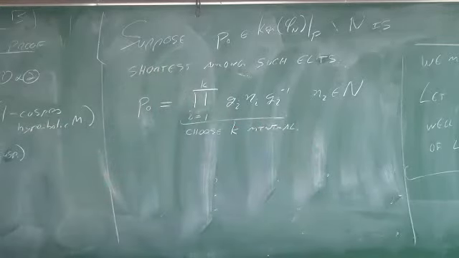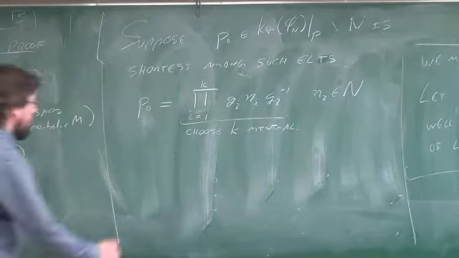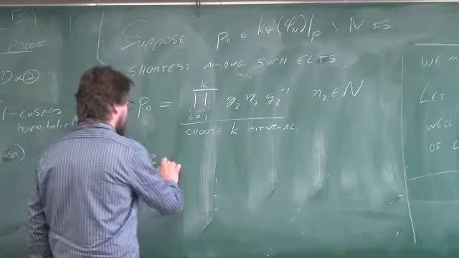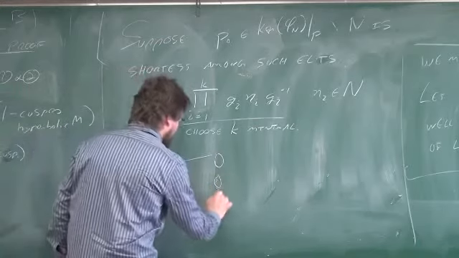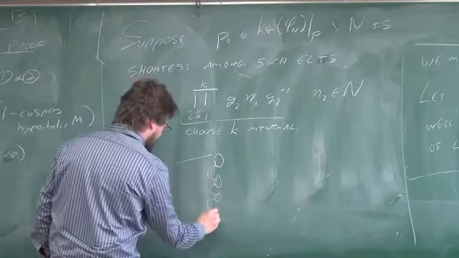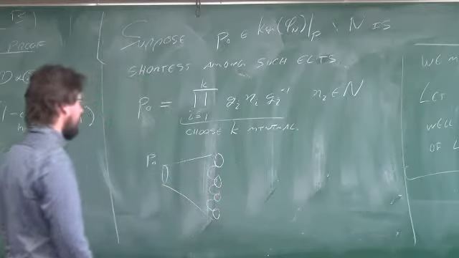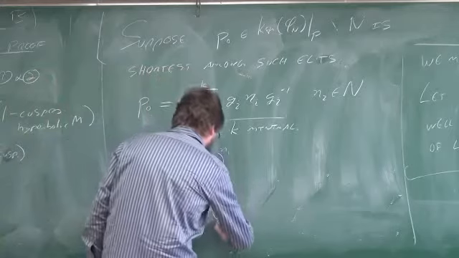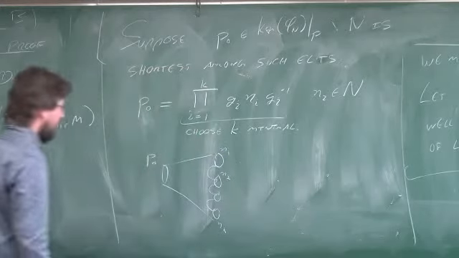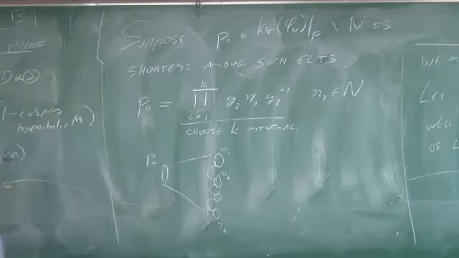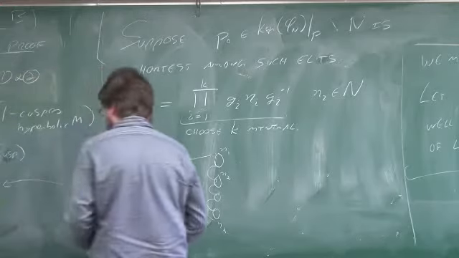Now that equation has a geometric interpretation. I can think of it as I've got P0 over here, and there's a kind of surface like this, where this is N1, N2, all the way down to NK. Now this surface maps in somehow to here.